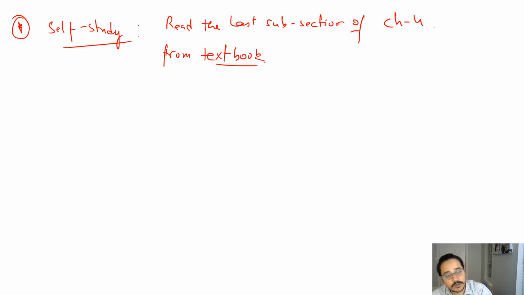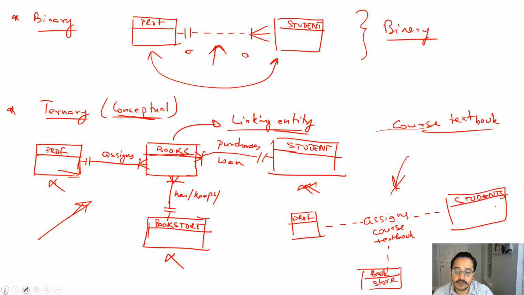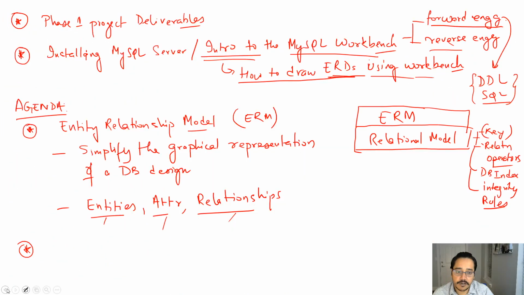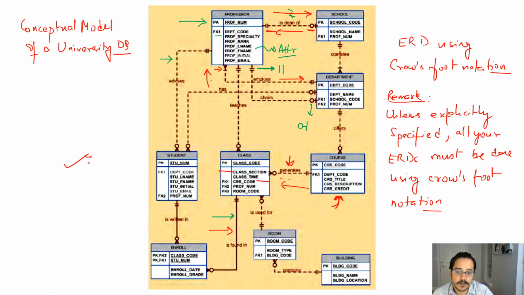Okay, so what will happen is that it will guide you through the business rules of this particular ERD. And then it will help you understand how, using all of these components that we discussed, we ended up getting this diagram.